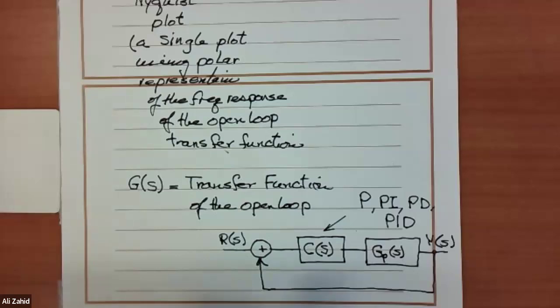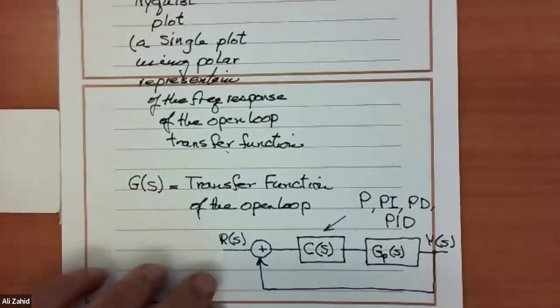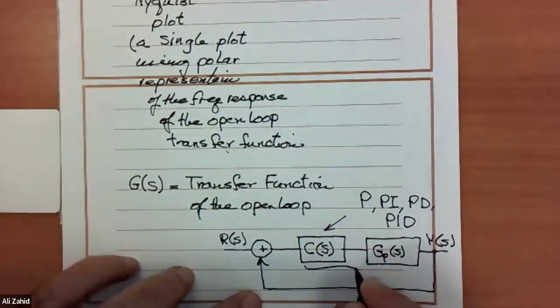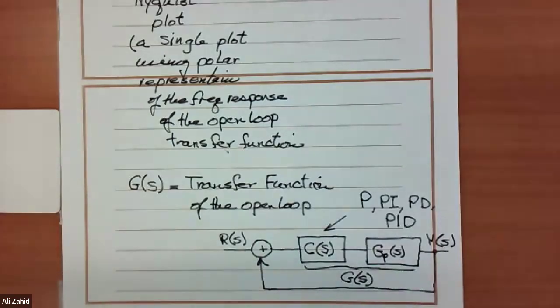Clear? Now, at the beginning, what am I going to assume? I'm going to assume that this is G of S. Now, we know when you do have two systems in cascade, the overall transfer function is the transfer function of the first subsystem multiplied by the transfer function of the second. Clear so far?